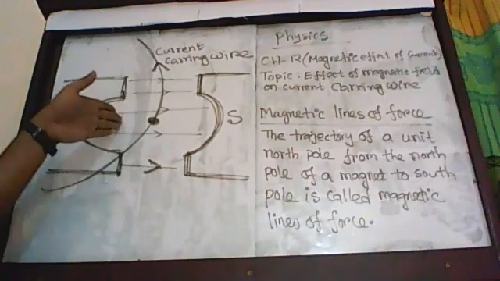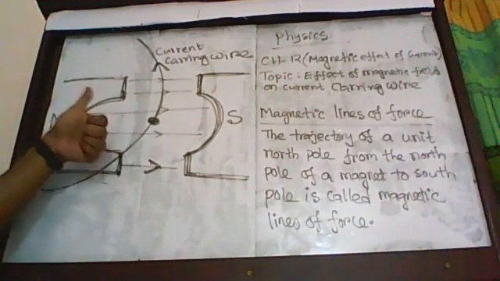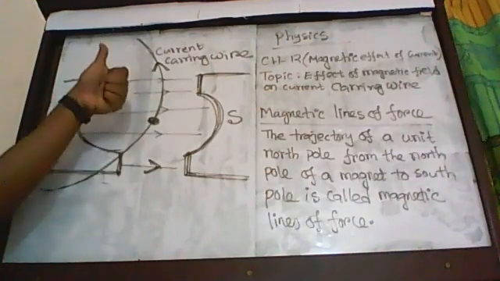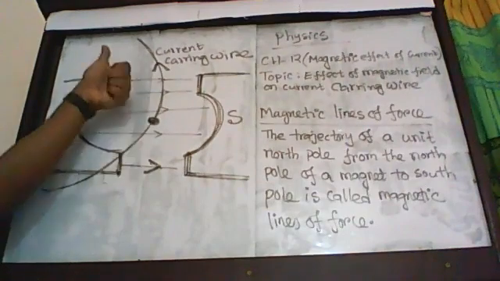At the side of the North Pole, the magnetic force is created in upward direction.